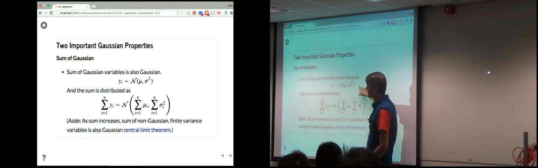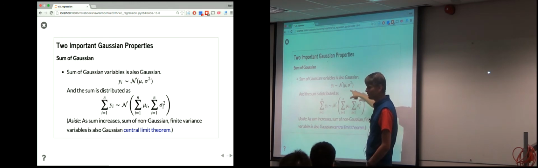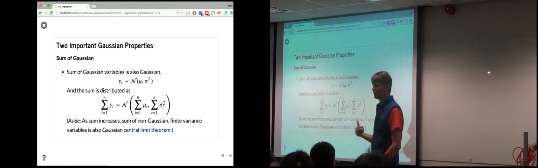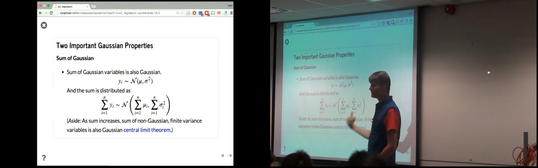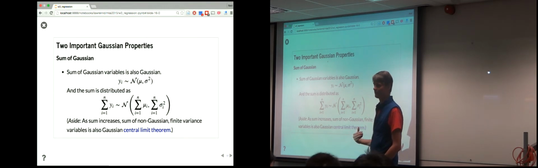The sum of Gaussian variables is also Gaussian. It's a very strange property. Now you probably think it's a normal property because it's a property of the normal distribution. Because you're introduced to this distribution quite early on and you're shown this property and you don't think anything about it. You just think, oh, okay, if you add Gaussian distributed variables to each other, they stay Gaussian.